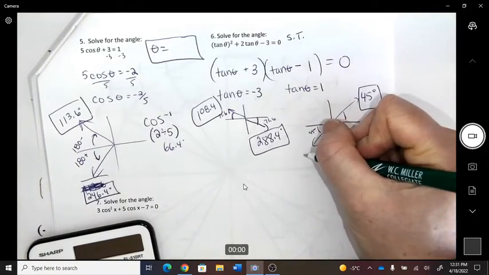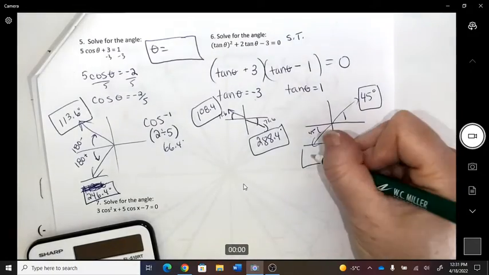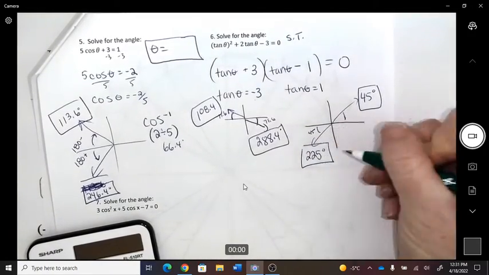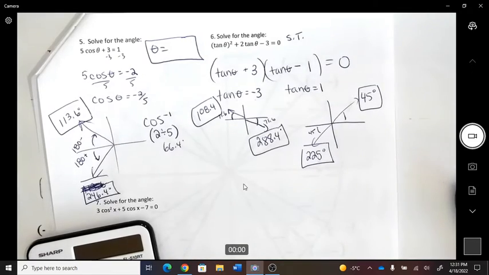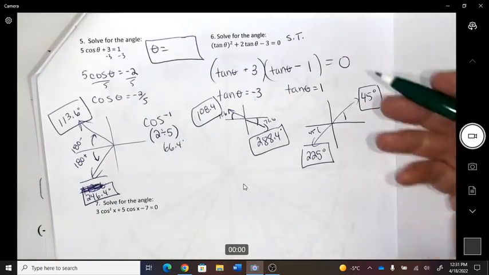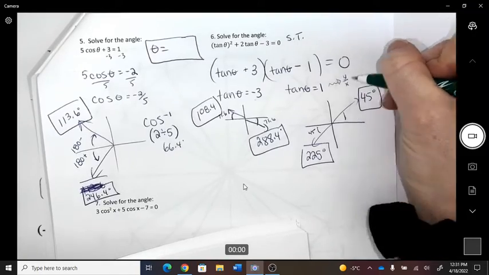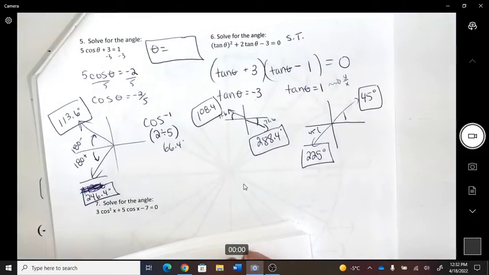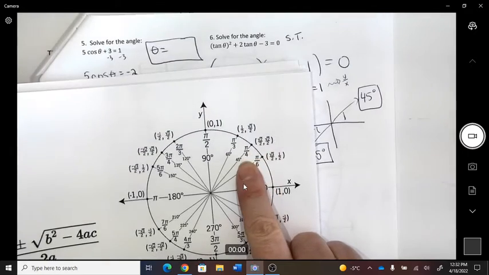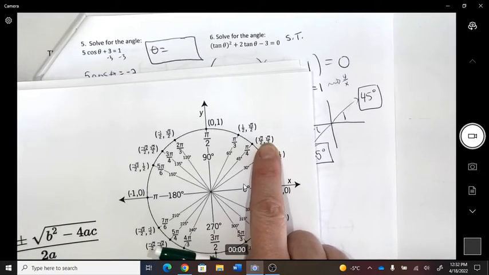And if you go 45 bigger than 180, it's 225. Okay, and I actually knew that without my calculator. Why would I know that? If you really want to think outside the box, tan is y divided by x. So I knew 45 degrees because x and y are the same number on my unit circle. So if I divide them, I get 1.